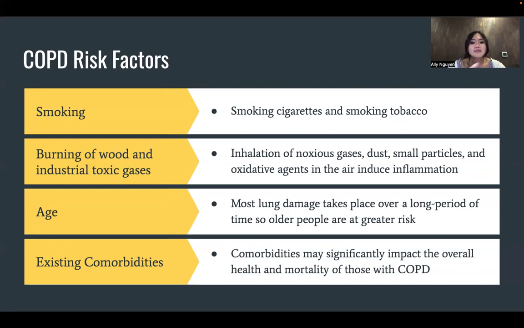I already discussed smoking and pollution as risk factors, but to touch on age, older individuals are at greater risk for COPD because most lung damage takes place over a longer period of time. One additional risk factor is comorbidities because they can significantly impact the mortality of those with COPD.